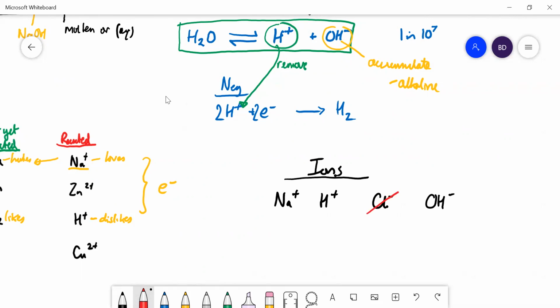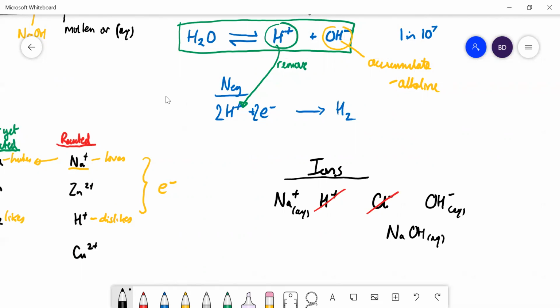The hydrogen ions get removed and go off to make hydrogen gas. So what we've got left in solution are aqueous sodium ions and aqueous OH- ions. So we've essentially got a solution of sodium hydroxide, which you hopefully know is an alkali.